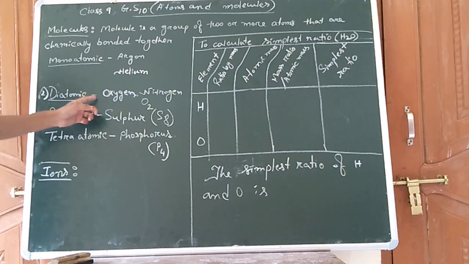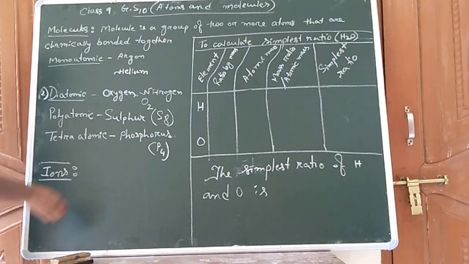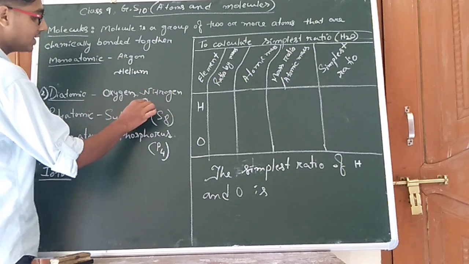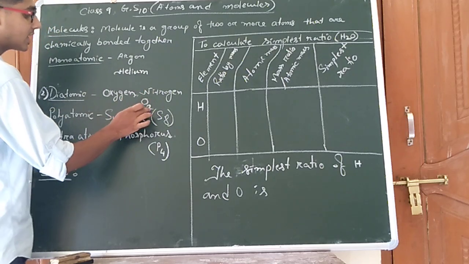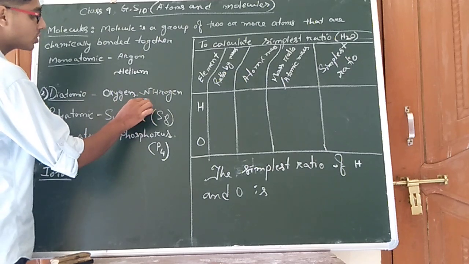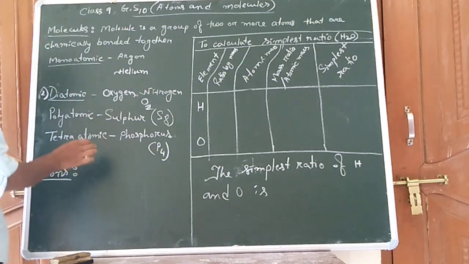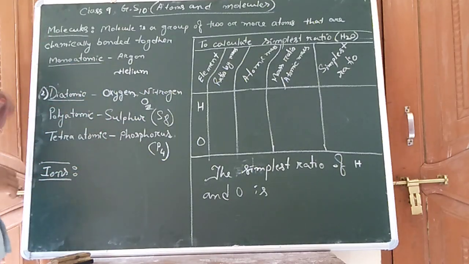For example, oxygen and nitrogen are diatomic molecules. That is why the symbol of the oxygen molecule is O2, and these two atoms of oxygen are chemically bonded together. Nitrogen is the same.